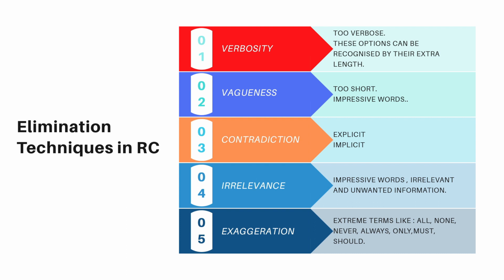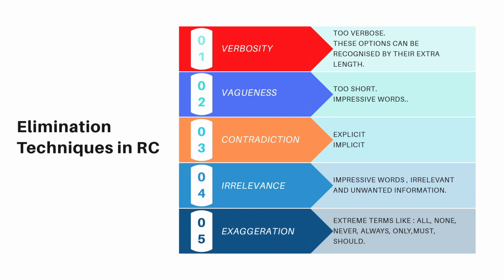So verbose options, which can be recognized by their extra length, are a direct indicator of this type of trap and are to be eliminated. The correct option is always the one that gives the complete picture in the most precise manner. So the next time you see any option which has got an extra length than the usual ones, just eliminate it.